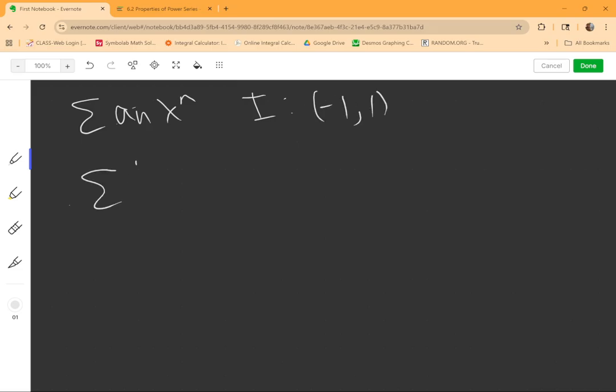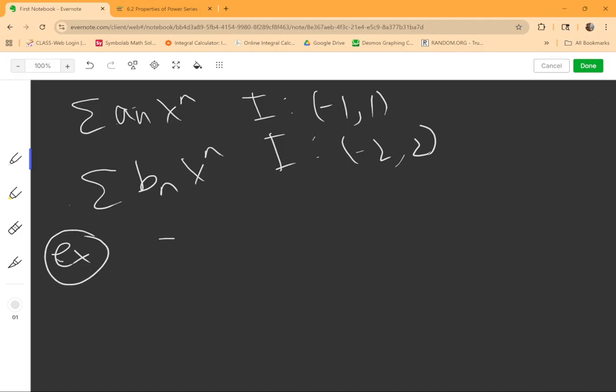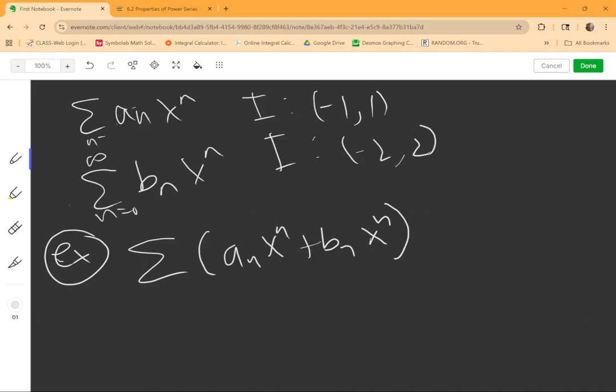And we had another power series b sub n x to the n with an interval of convergence of -2 to 2. And let's say I define a new one, where you have the sum of a sub n x to the n plus b sub n x to the n, with n equals 0 to infinity. So you're creating a new power series here, right?